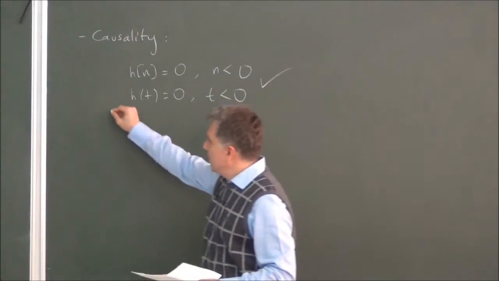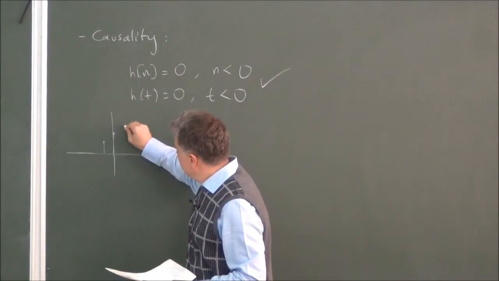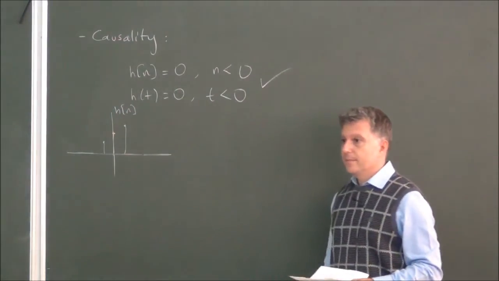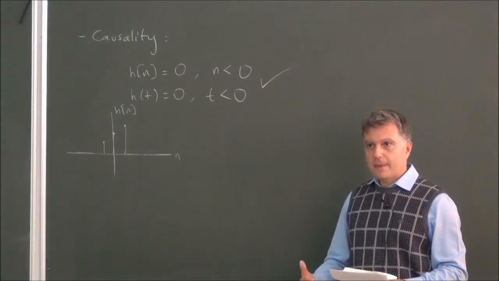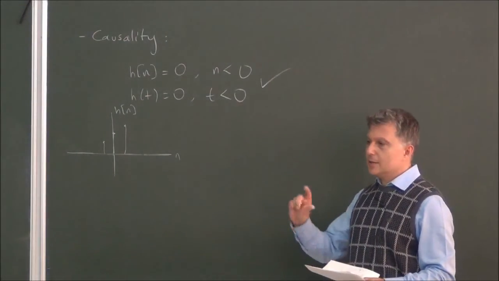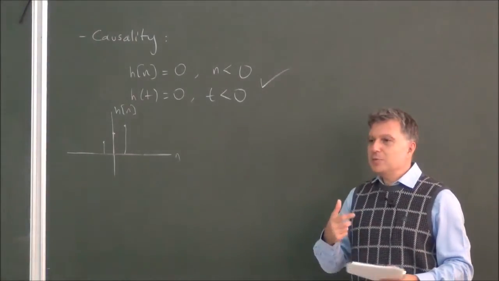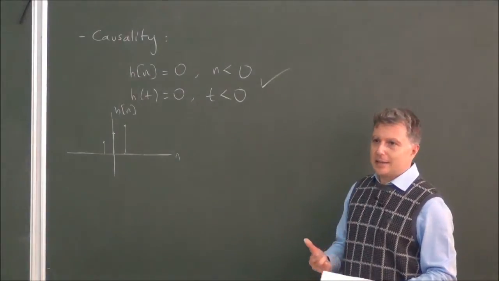For example, let's think of this h[n]. When you convolve this with any input, let's assume an impulse in the center. In fact, let's assume that the input is an impulse. Okay, that's the simplest thing you can think of.